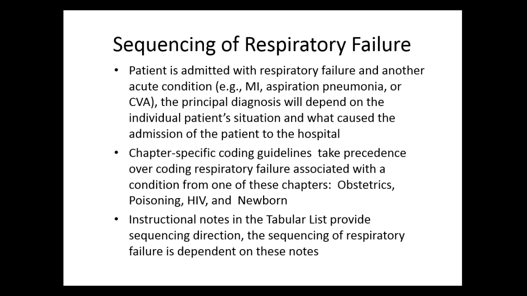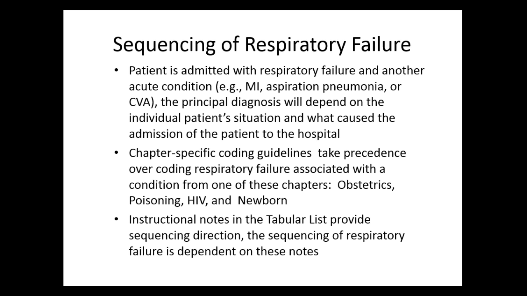When a patient is admitted with respiratory failure and another acute condition, such as a myocardial infarction, aspiration pneumonia, or a CVA, the principal diagnosis will depend on the individual patient situation and what caused the admission of the patient to the hospital. The physician should be queried for clarification if the documentation is unclear as to which of the two conditions was the reason for the admission.